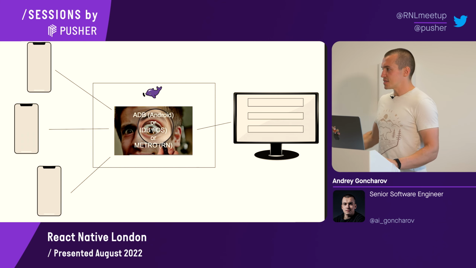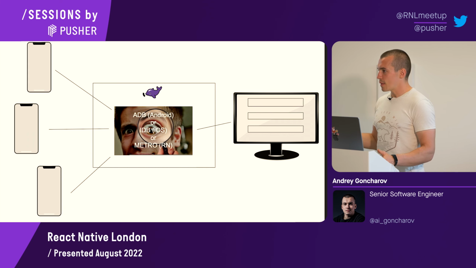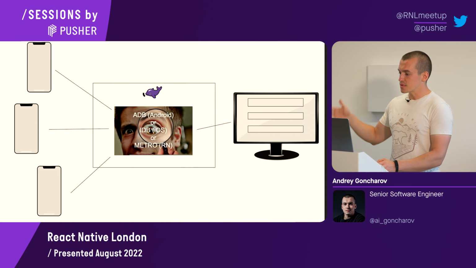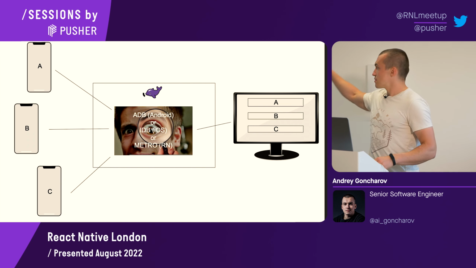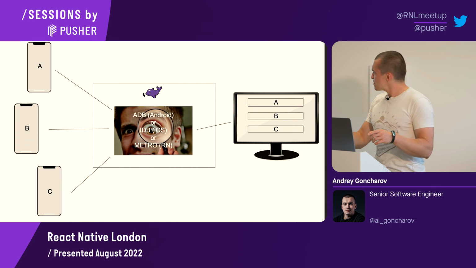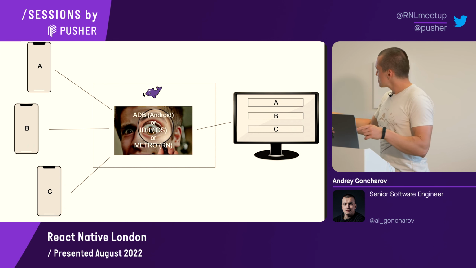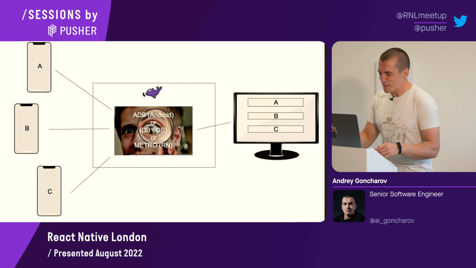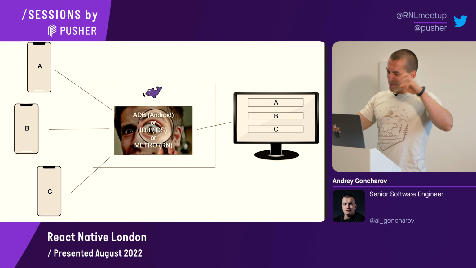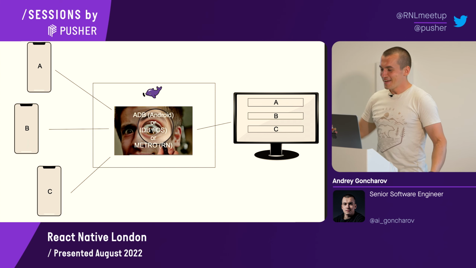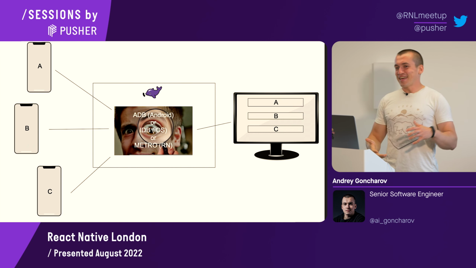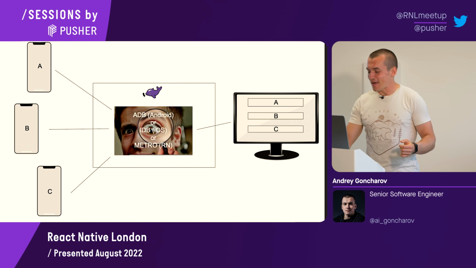And we also have a desktop view, a web view inside of Electron that shows all these devices. So let's imagine that we have devices A, B, and C. On the other side, it's very confusing that my right is left here. Okay, so we have A, B, and C devices there, and then we display them in the desktop app.